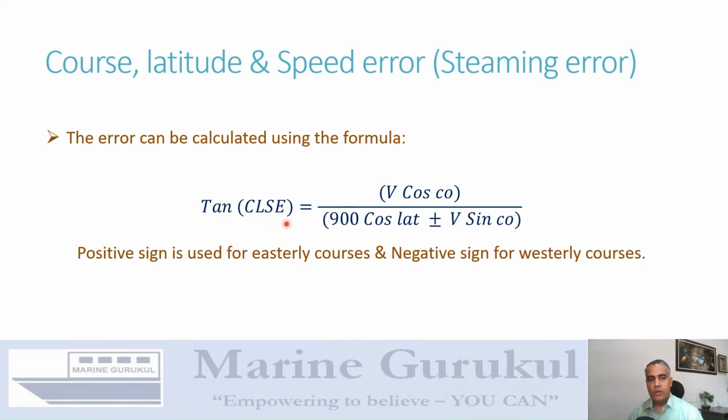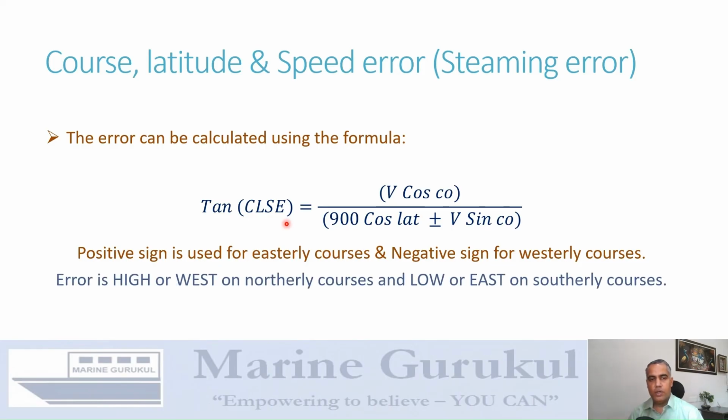Now, how do we determine whether this error is east or west, whether this error is low or high? The error is high or west on northerly courses and the error is low or east on southerly courses.